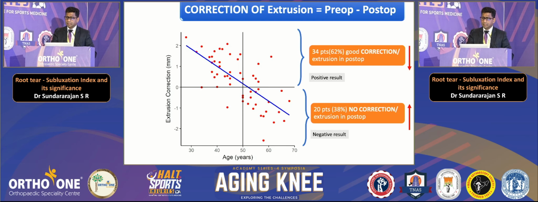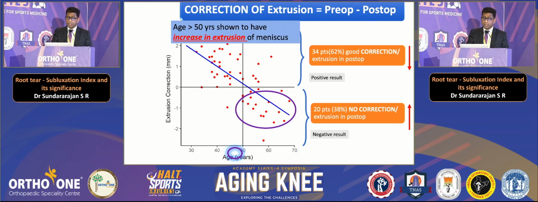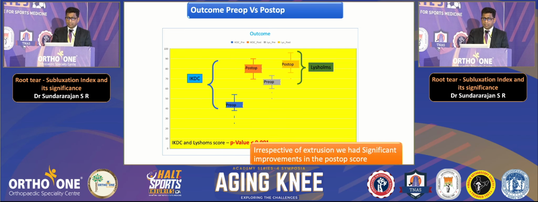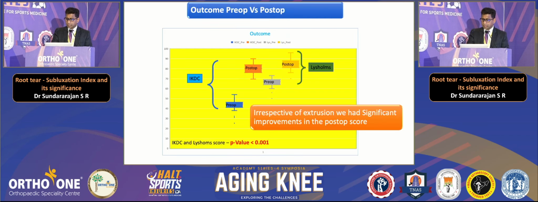Some cases had a healed meniscus but increased extrusion of the meniscus. In these cases, even the alignment is normal. When I compare the pre-op and post-op extrusion, 34 patients had good correction of the extrusion, and 20 patients had no correction or more extrusion post-op. The patients who were more than 50 years old showed increased extrusion in this series, but irrespective of the extrusion, even in the more than 50 years age group, the scores don't make a huge difference.